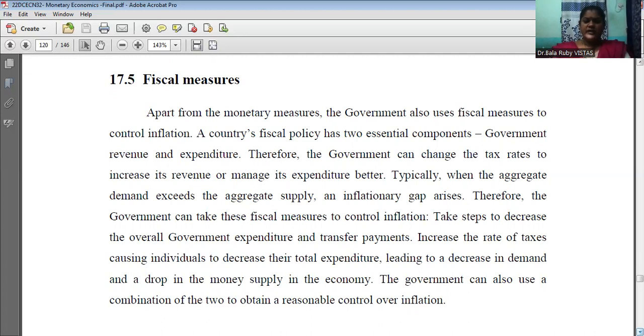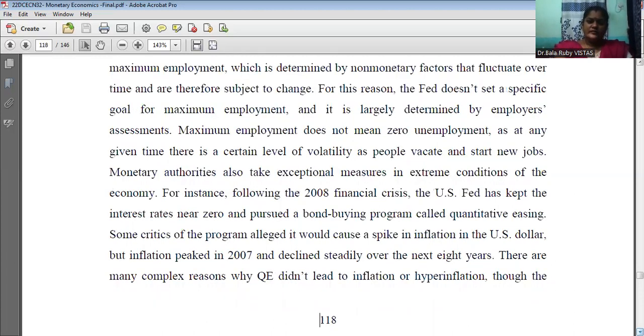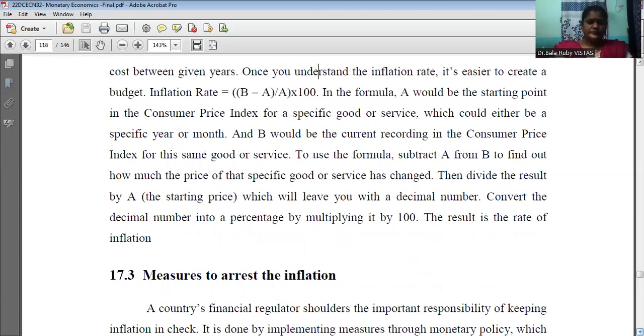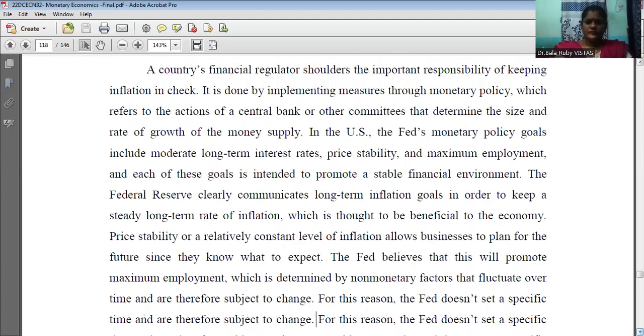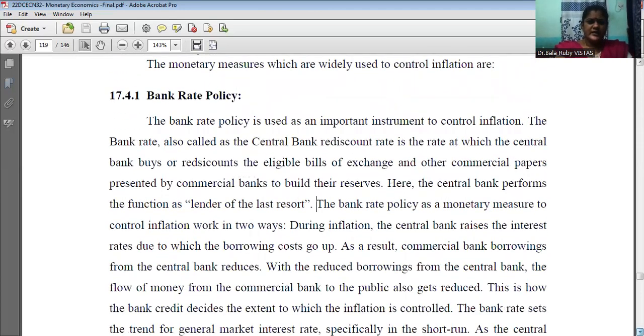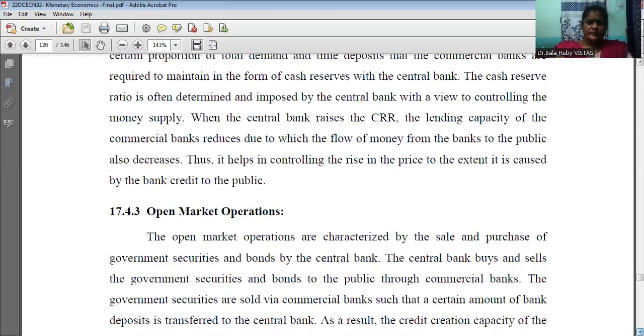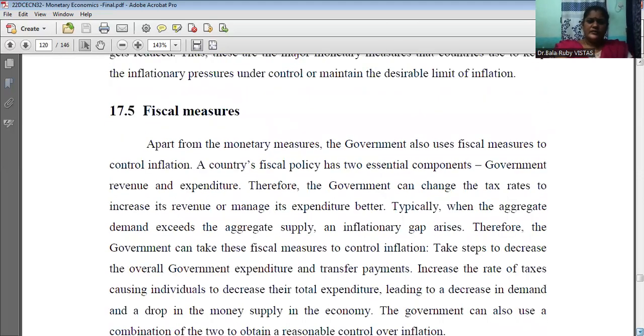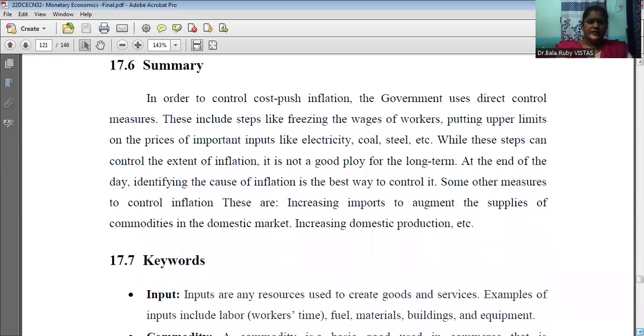The government can also use a combination of these two to obtain a reasonable control of inflation. So, in this way, with the help of monetary policy as well as fiscal policy, we can control inflation, right?